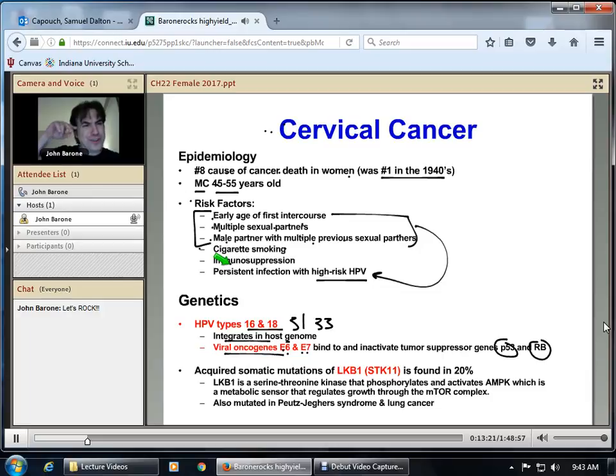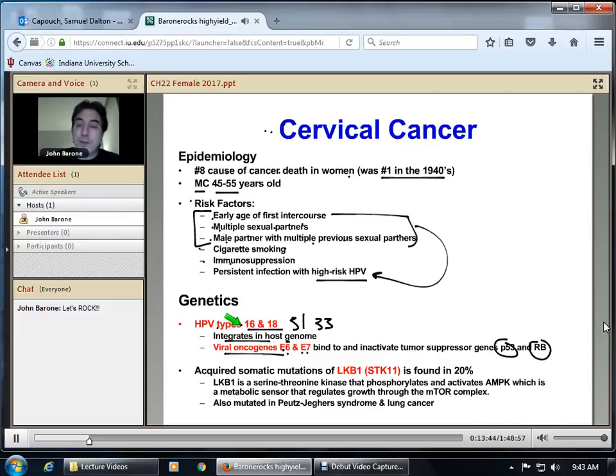I'm not so sure how the carcinogens get down in there, but don't let your vagina smoke. And then immunosuppression, because without an immune system, I can't stop the HPV. If I can't slow the HPV down, I'm going to get cancer. So these are really the 3 risk factors: HPV, smoking, and immunosuppression.